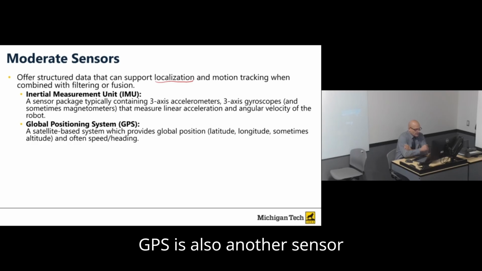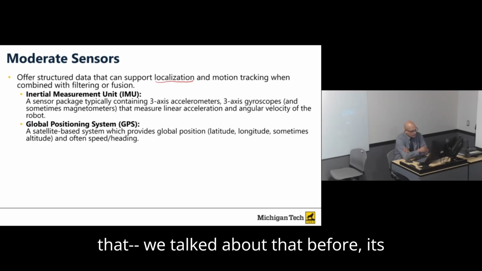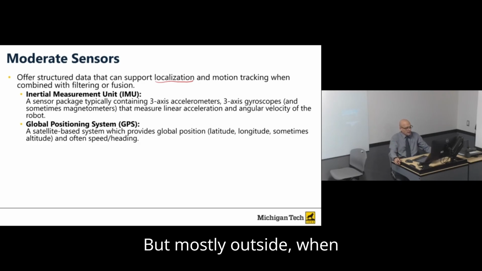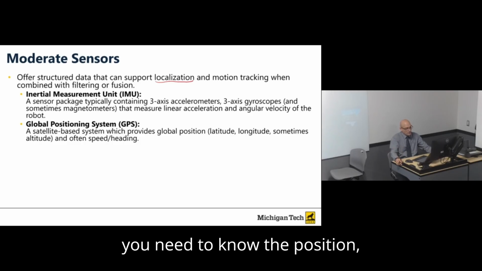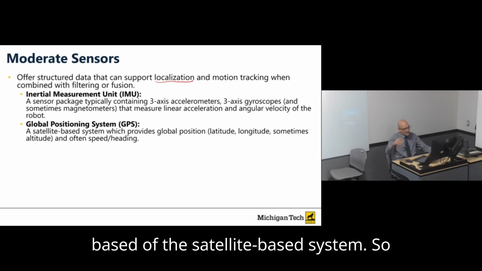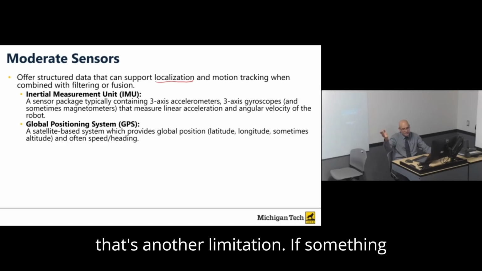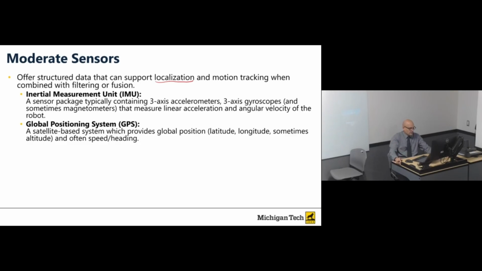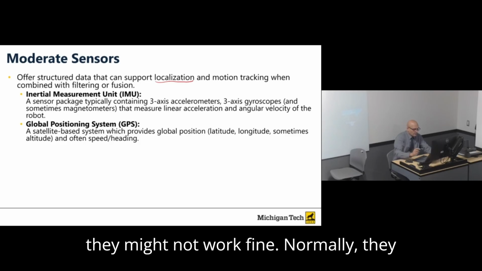GPS is also another sensor that we talked about before. It has lots of limitations, but mostly, outside, when you need to know the position, you can use GPS. GPS works based off a satellite-based system, so that's another limitation. If something happens to the satellite, it might not work fine.